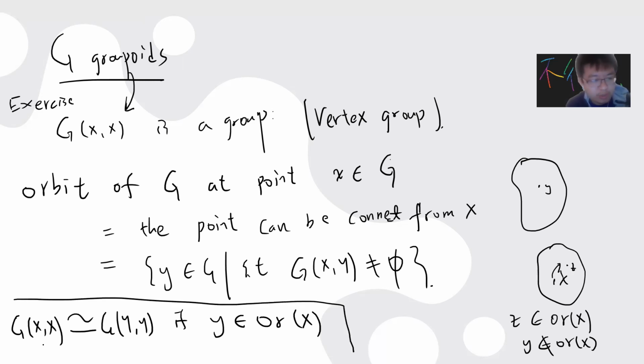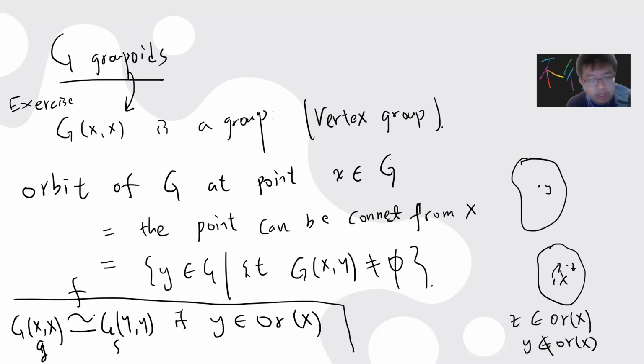The proof basically: given any g, let's say you pick any g that belongs to G(x,x), and there's a path which connects x to y, or basically a non-empty element in G(x,y), let's say f. You can try to map this to G(y,y).